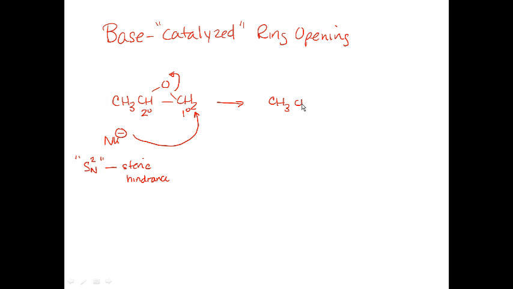That means in this case I'm going to form an O- with my nucleophile, and then in a second step I'm going to add H plus H2O to then protonate that alkoxide to give me the final product.